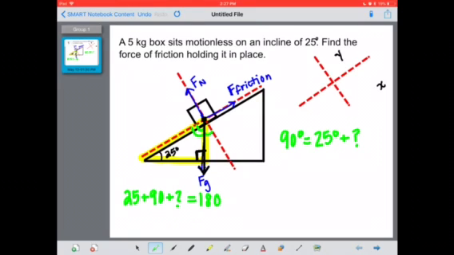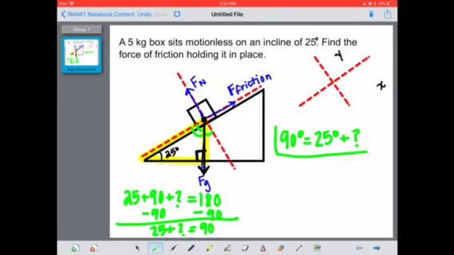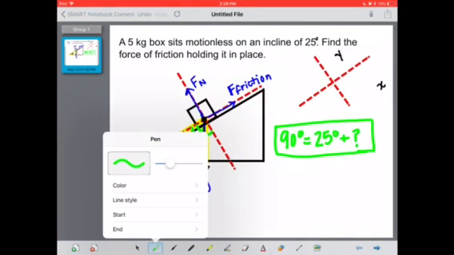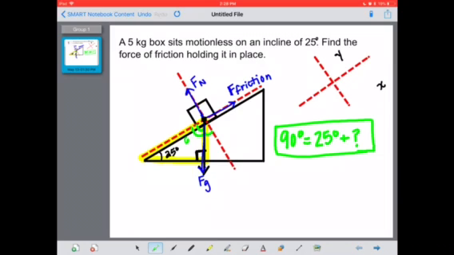I'm doing the math in my head: when I subtract 90 from both sides, I get 25 degrees plus my unknown equals my leftover 90. It's easier to jump to this step than adding up all of the angles to equal 180 when I know I'm going to subtract the 90 anyway. So I skip that step and jump straight to the boxed equation. When I solve for that unknown angle, I end up getting 65 degrees.